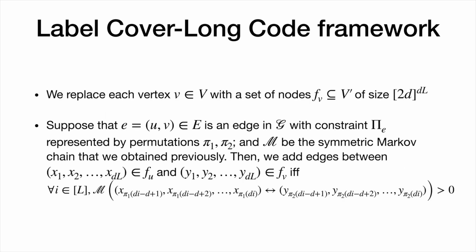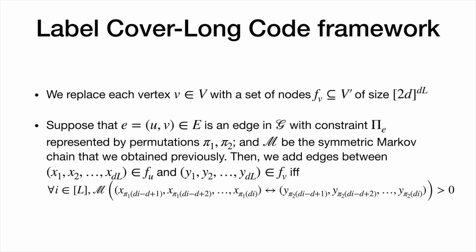The way we achieve this is by replacing each vertex of the label cover with a set of nodes. You can think of the coloring of these nodes as some function from [2D]^L to [2D]. And which edges do we add?